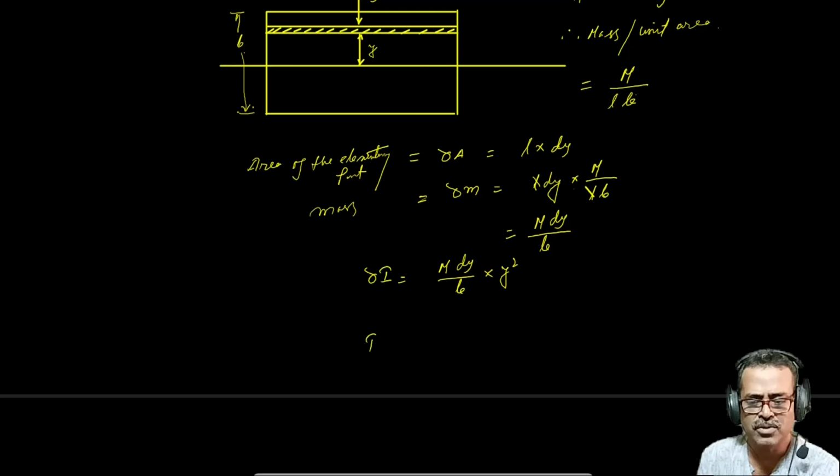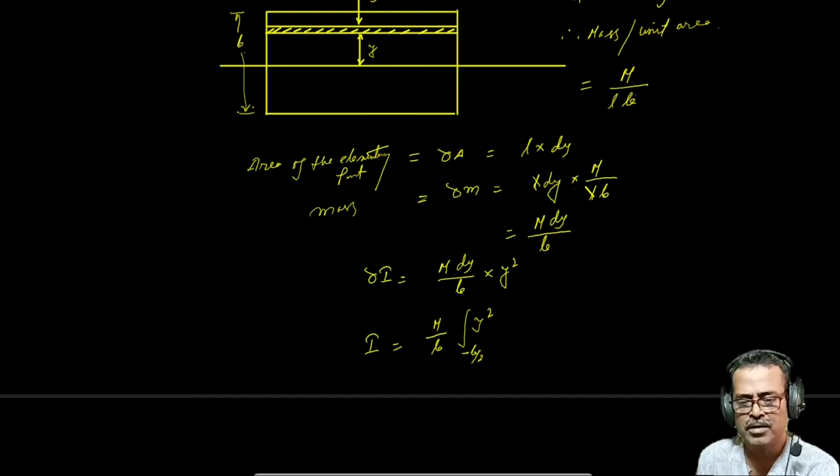So I is equal to M by B integration of y square dy, where y goes from minus B by 2 to plus B by 2.